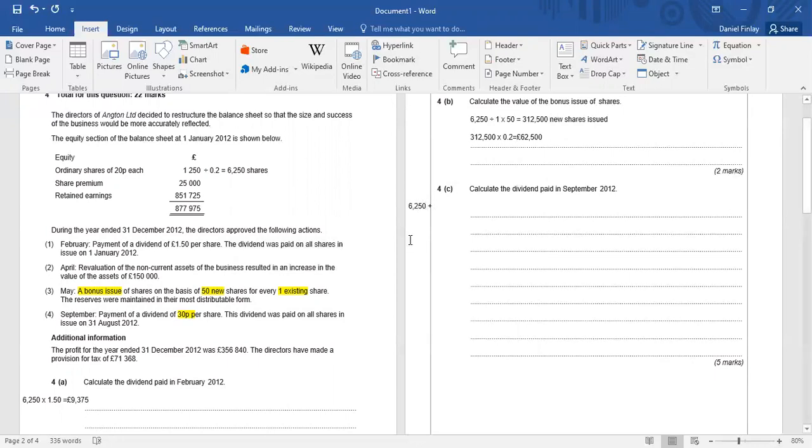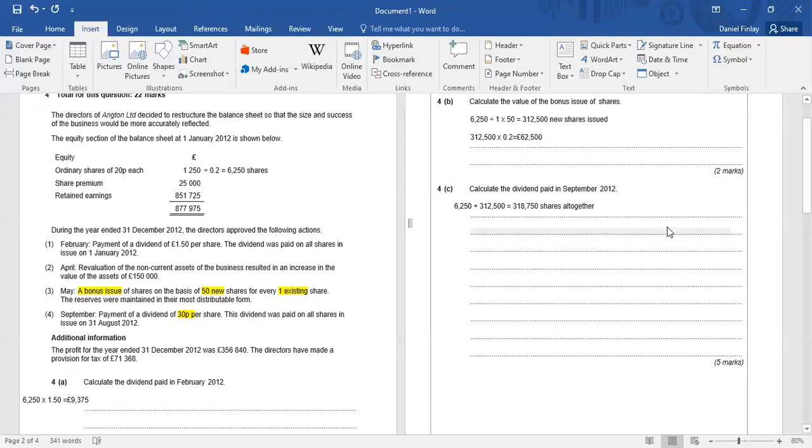We now have an extra 312,500 shares. So my total number of shares now is 318,750 shares altogether.